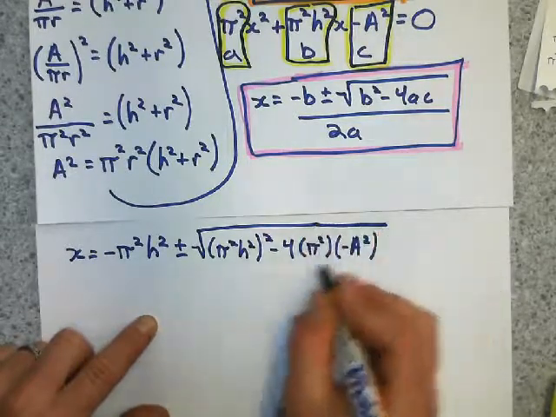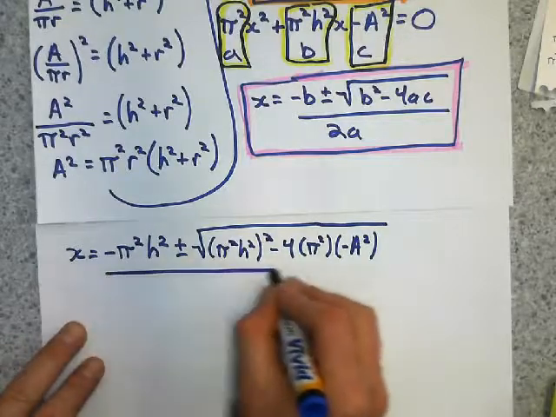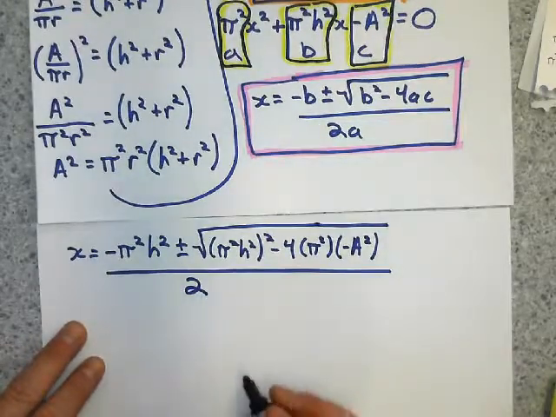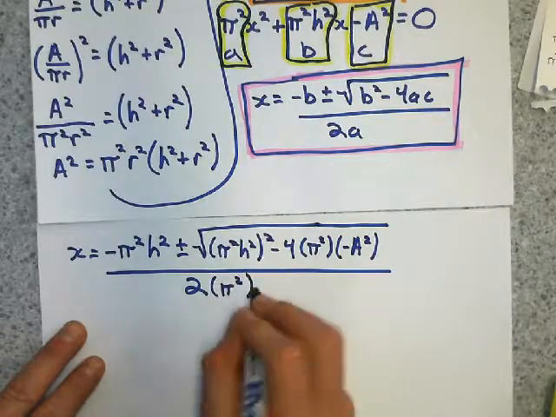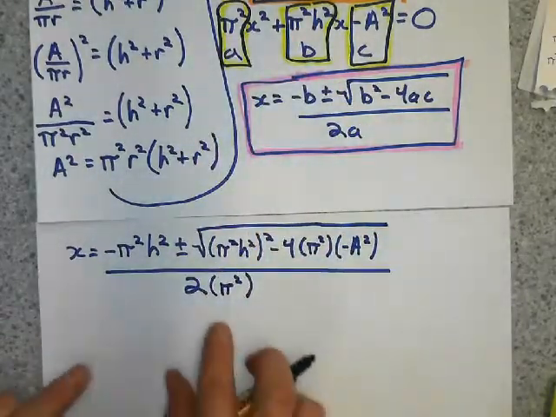Let's make that square root symbol a little bit longer, all over 2 times a, which is pi squared. Whew, now I'm getting there.